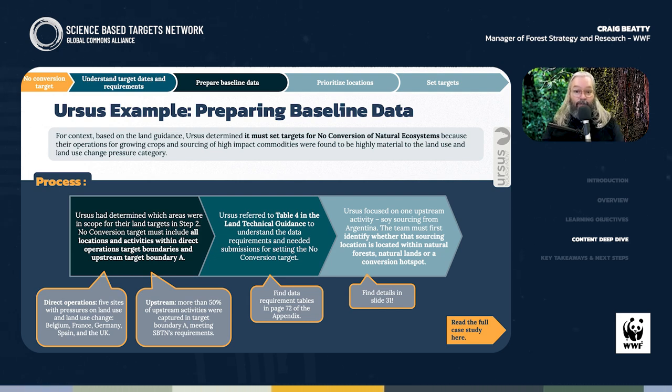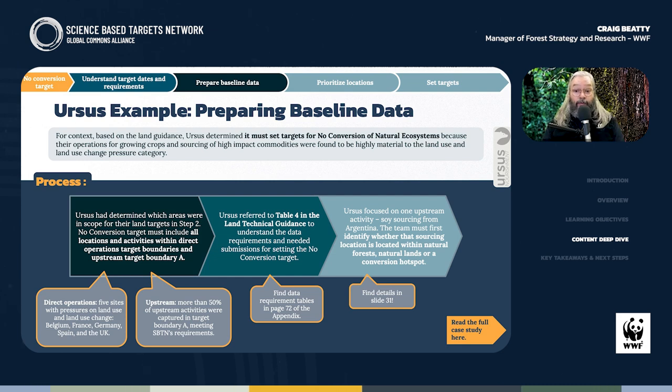But since at least 50% of all upstream activities are captured in target boundary A, the company is able to meet SBTN's recommendation that more than 50% of all upstream activities are captured in target boundary A.